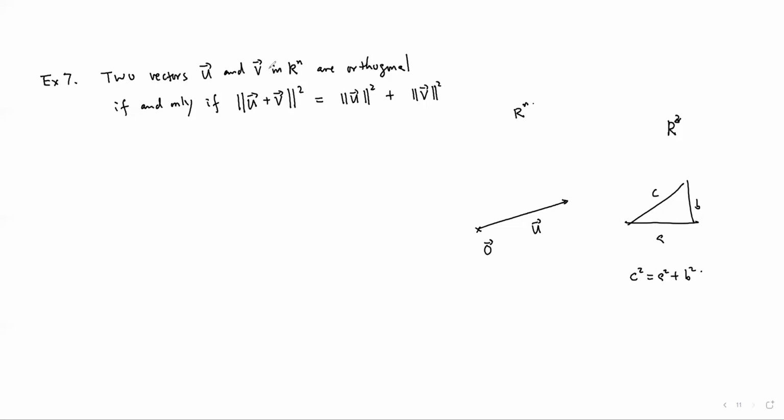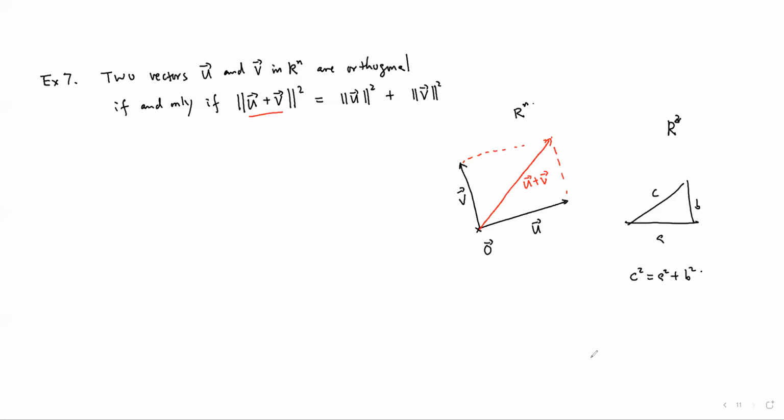When vector u and vector v are orthogonal, we have the Pythagorean theorem. Now, let's see what u plus v is. Draw a parallelogram. This is u plus v.